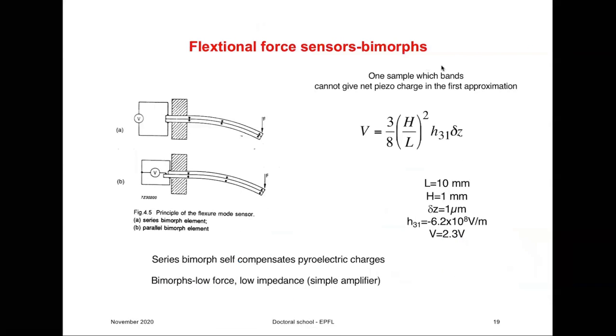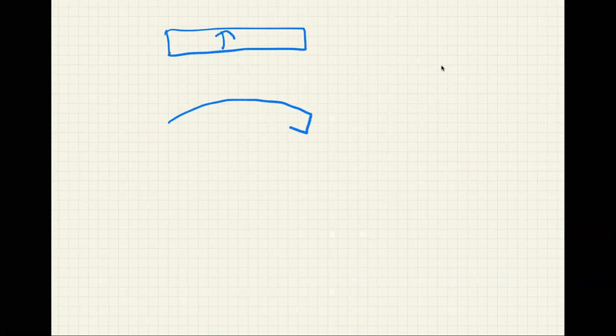There is another type of piezoelectric sensors, and these are so-called biomorphs. Now, let's consider single element piezoelectric. Let's say that it is polar, and then let's bend it like this.